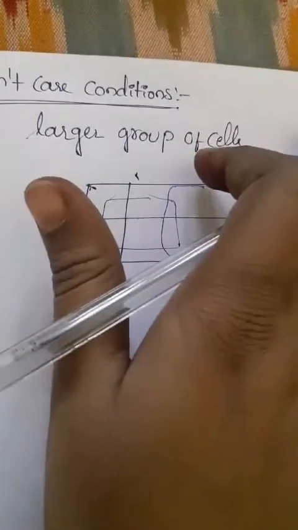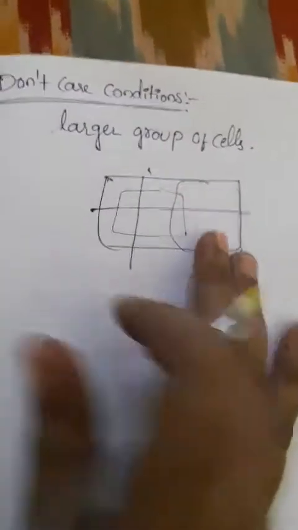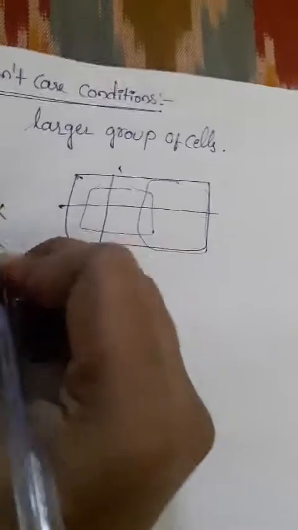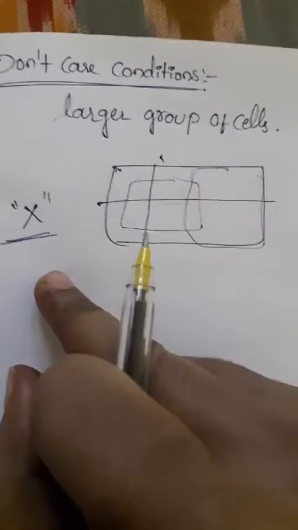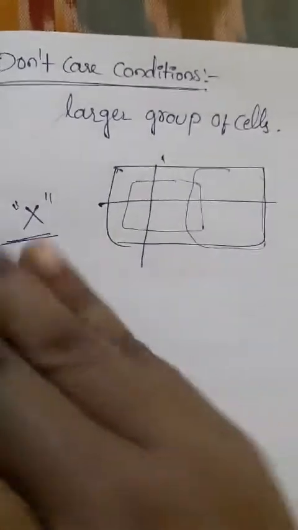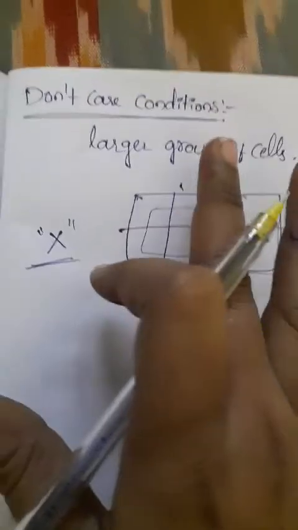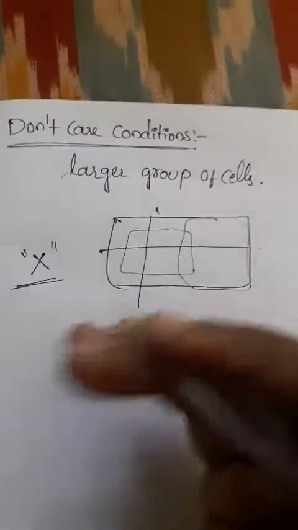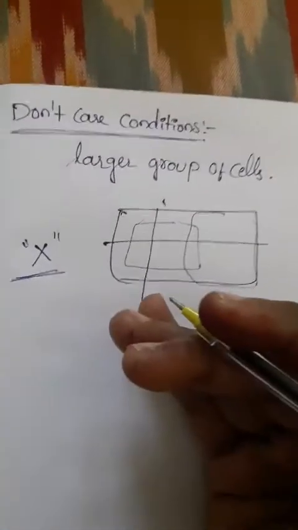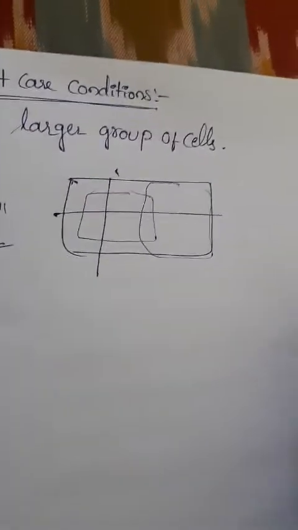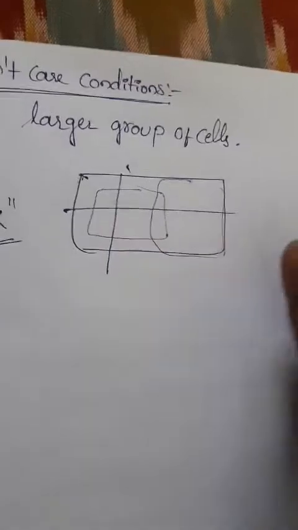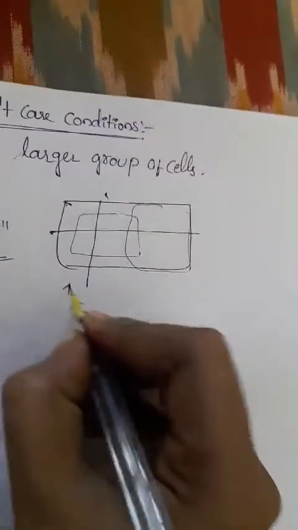Actually this don't care cell can be represented by a cross symbol. Generally whatever expression we have may be in the form of SOP. To simplify that SOP expression in K-map, in the cell representation we use 1, right?